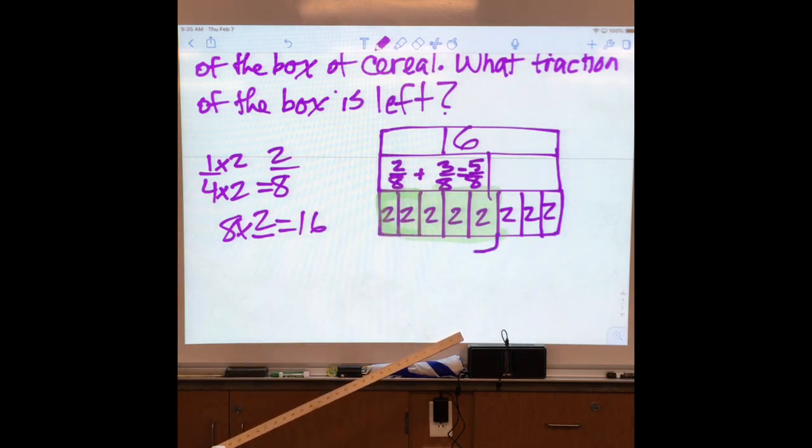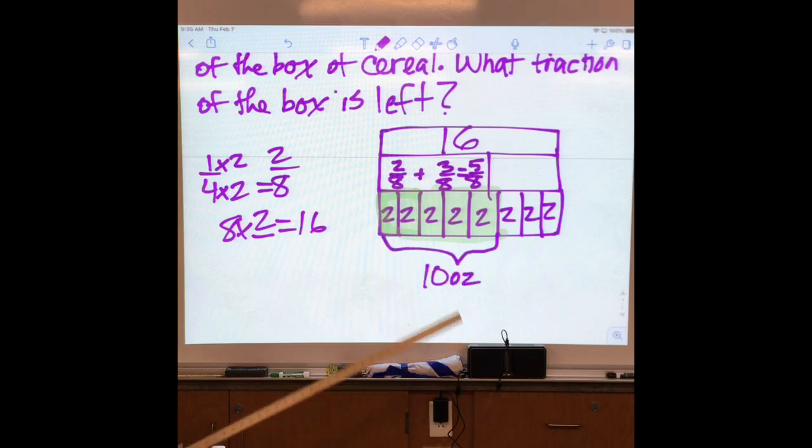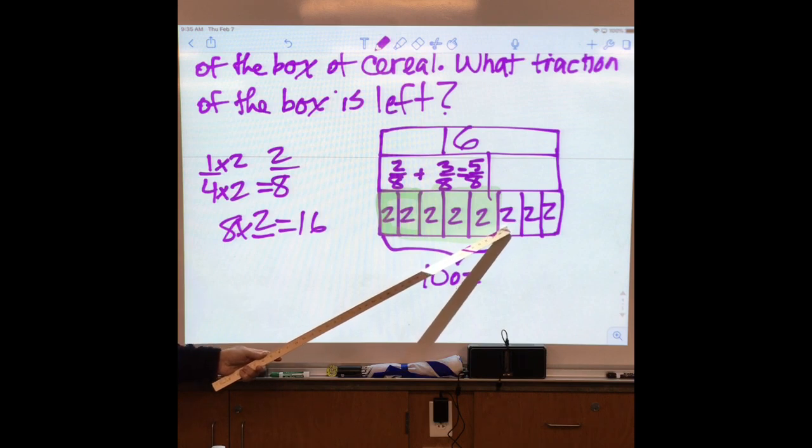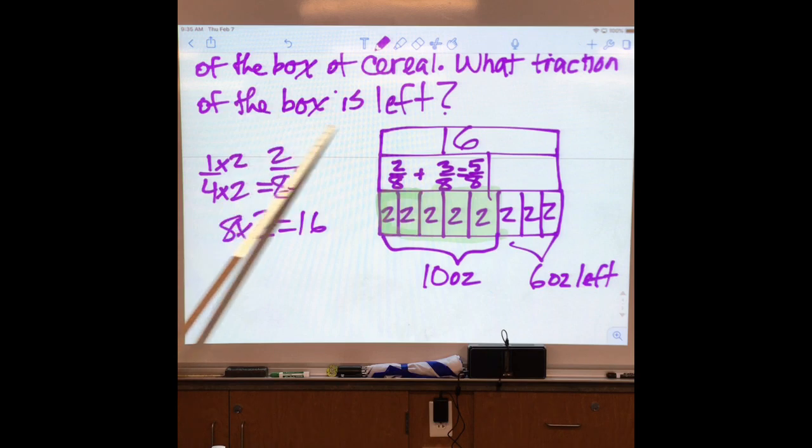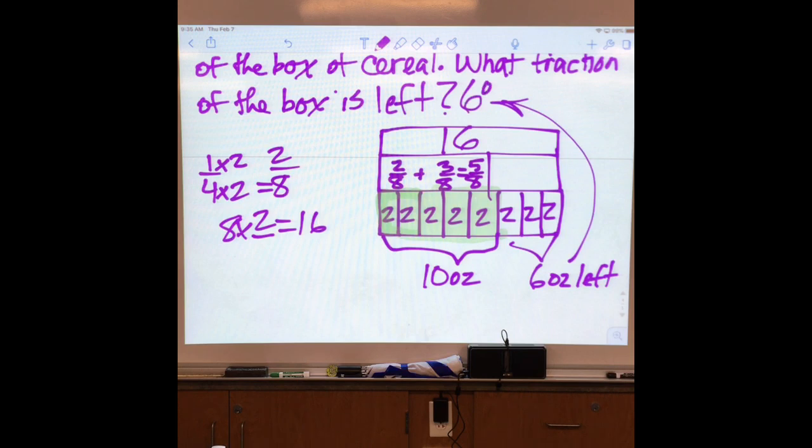They ate 10 ounces. How much is left in the box? That's right, there is 6 ounces left. So they were asking, how much is left in the box? We're going to put this answer up here, 6 ounces.